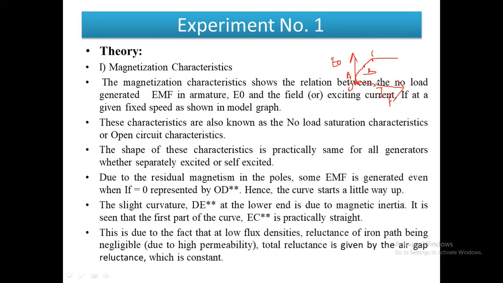I told you in Marathi also: at a zero value of field current, some induced EMF is present. This induced EMF is shown by O to A. Why is this induced EMF present? What is the reason behind it?